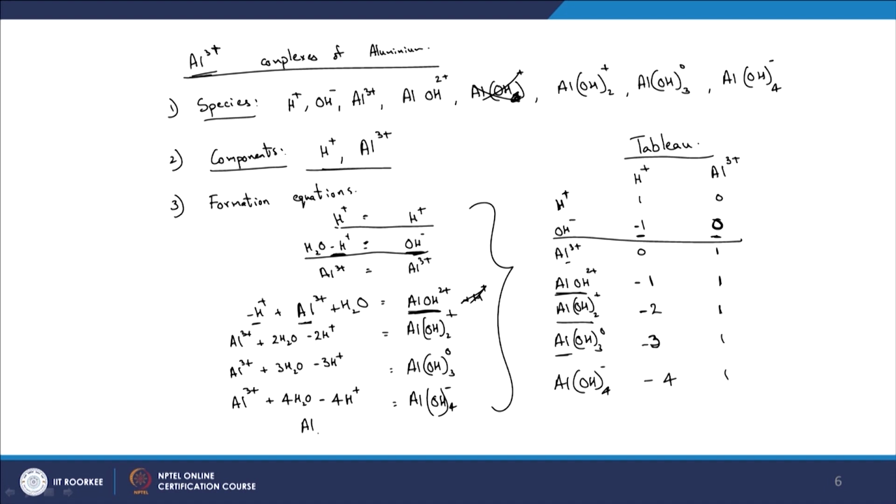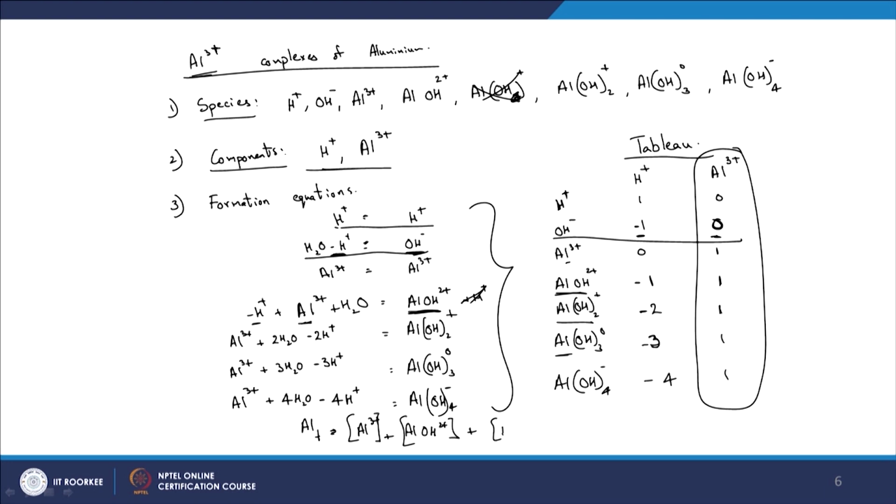Al total is nothing but the sum of this particular set of concentrations: it is going to be present as Al3 plus free metal concentration, plus concentration of AlOH2 plus, plus concentration of AlOH twice plus, AlOH thrice 0 charge, plus AlOH 4 negative charge.